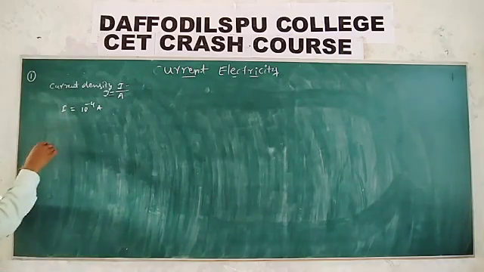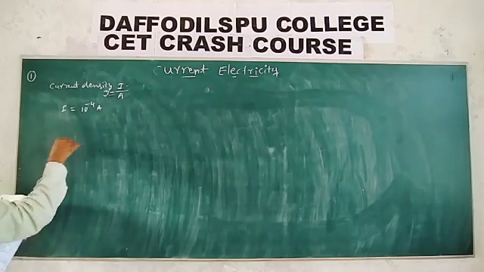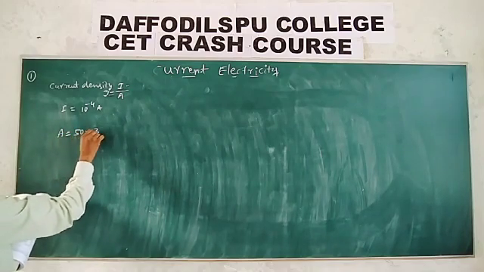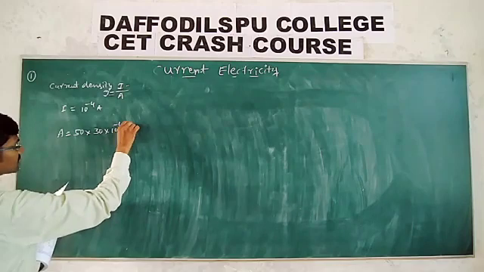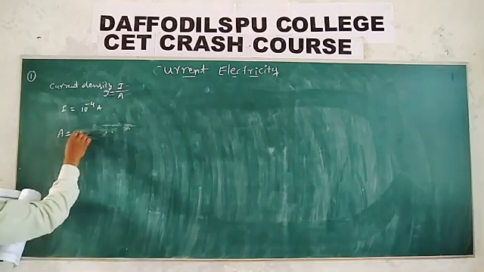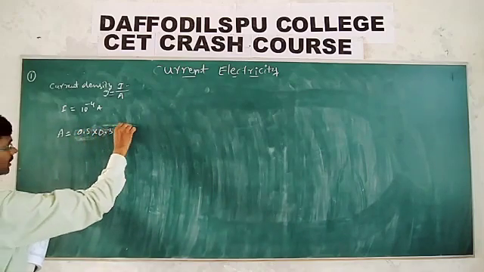How much distance does that travel? The generator belt width is 50 cm. So you can take 50 into 30 into 10 power minus 4 meters, or even you can write 0.5 into 0.3 meters square.